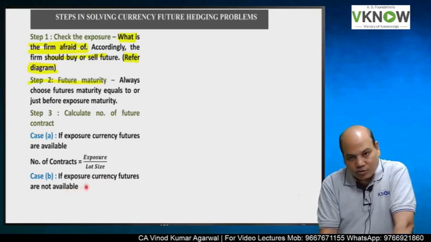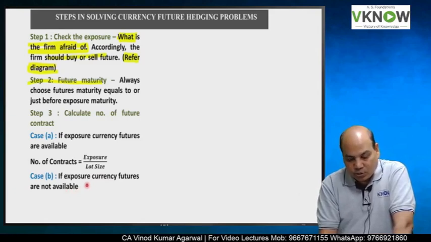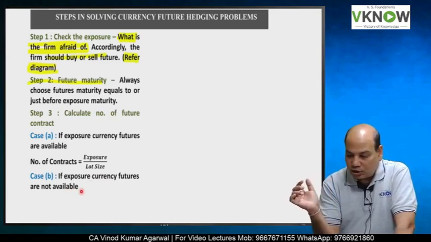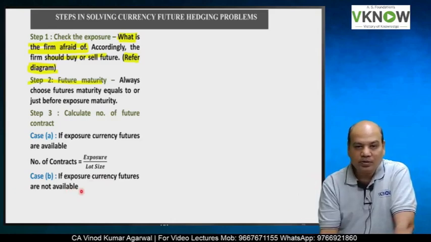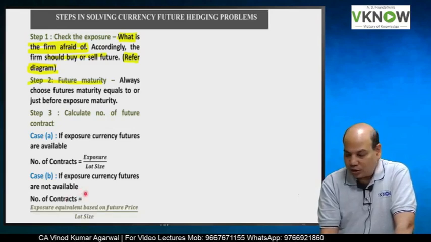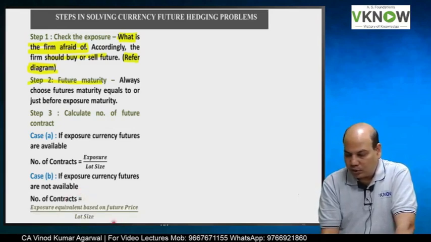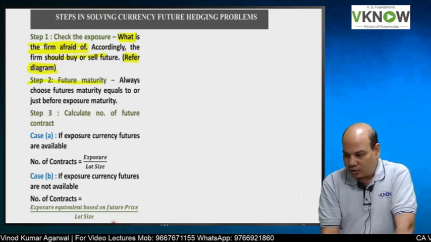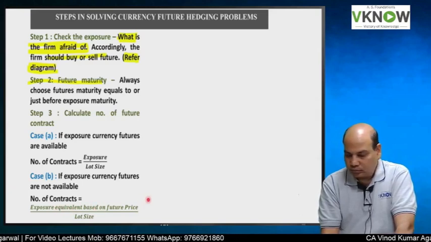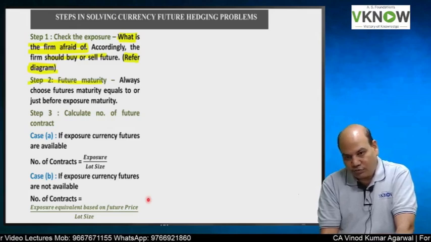Exposure is in dollar, future is available in Indian rupee. So what do I do? Write down, number of contracts equal to exposure equivalent based on future price.